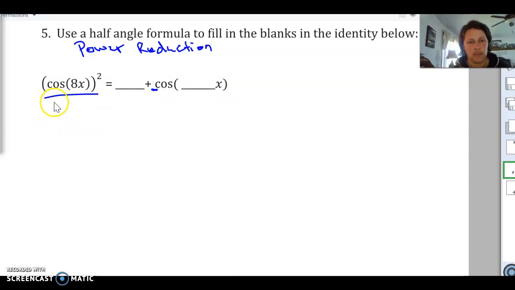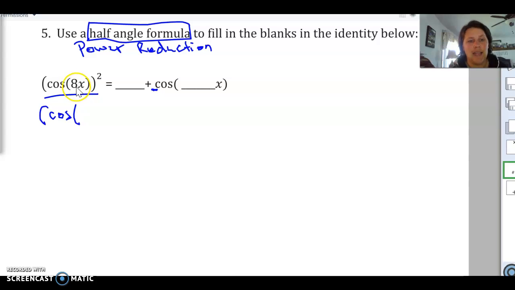First of all, let's look at our half angle formulas, because they specifically state they want those half angle formulas. You can also do this with a double angle formula. I've done it both ways. It is actually easiest to do it with the half angle formula. The only thing we have to do at the beginning is rewrite this in the form of a fraction.